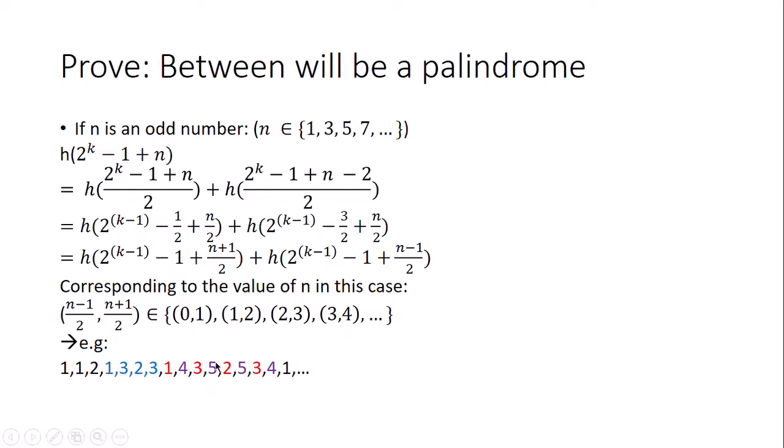Next one, 5 will be 2 plus 3, which is 5. And this one, number 4, will be 3 plus 1 over here. And then it's the end of the result.